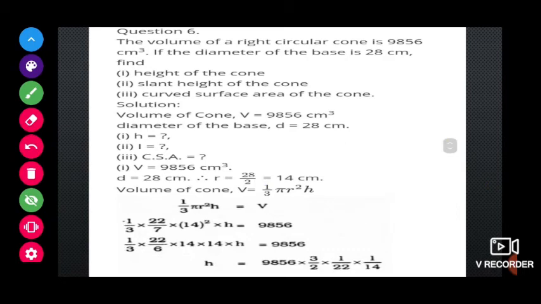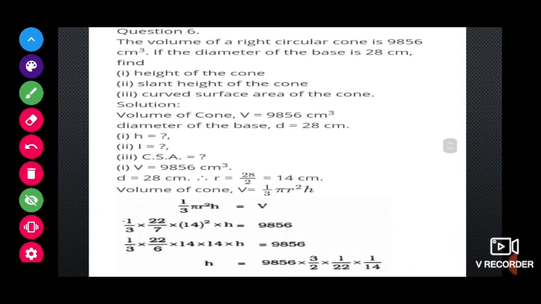So substitute: 1 by 3, pi is 22 by 7, r is 14 square, into height is equal to 9856. Now 1 by 3 into 22 by 7 into 14 into 14 into height is equal to 9856.